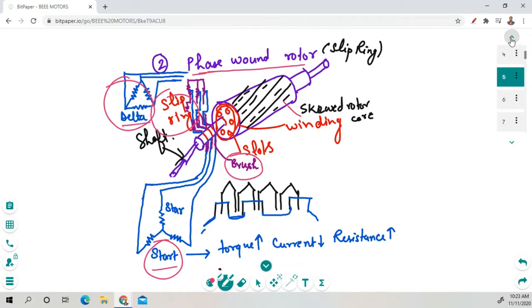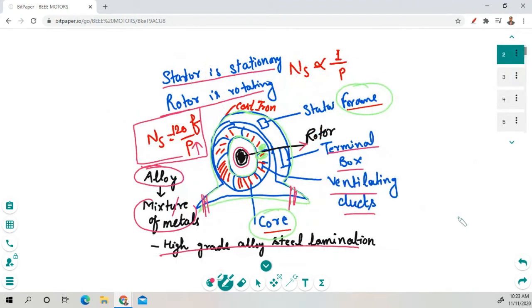From here you can see that the stator is a stationary part. It consists of outer frame, stator core, and stator winding. So what is the outer frame? It is the outer part of the three-phase induction motor. It supports the stator core and protects the inner parts. What is the stator core? The stator core carries the alternating magnetic fields, which produce hysteresis and eddy current loss.